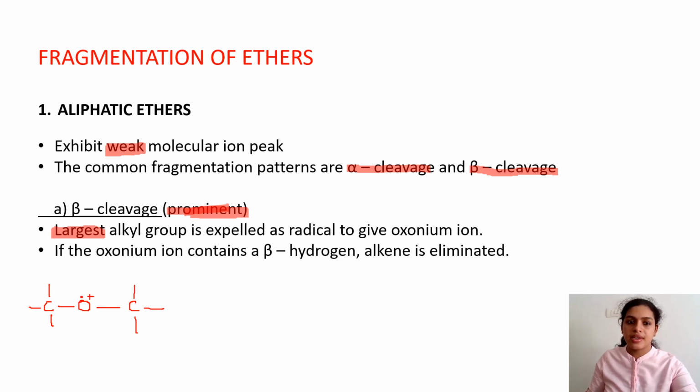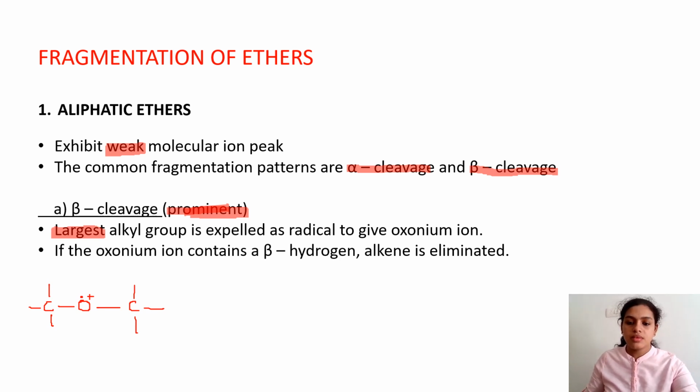For the sake of convenience, we can write the dot and plus outside the molecule, or it could be on the actual atom from where the electron is expelled. That depends upon our convenience to show the fragmentation pattern. So I'll be using both. In some cases, I'll be writing the dot and plus on the particular oxygen atom, or otherwise in some other cases I'll be writing it outside. It all depends upon the easiest way to show how these fragments are formed.